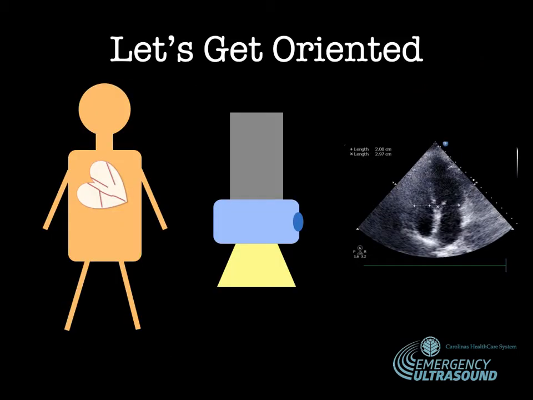So let's get oriented. We have our stick man here and his heart. We have the base of the heart, then the apex, which is that nice little point of the heart. We all know where our probe marker is on the probe, and then we know that we're in our cardiac orientation because we are looking at the probe marker on the right side of the screen.